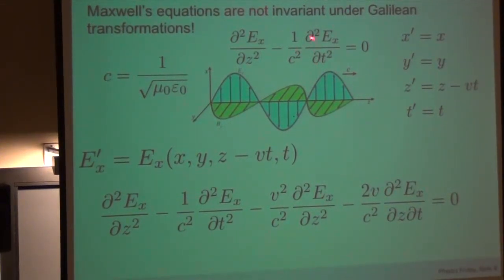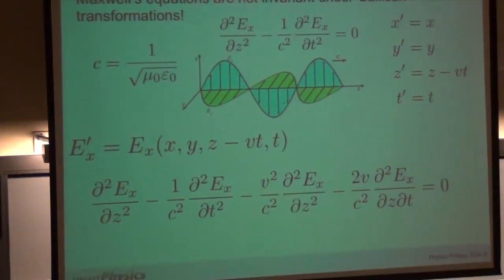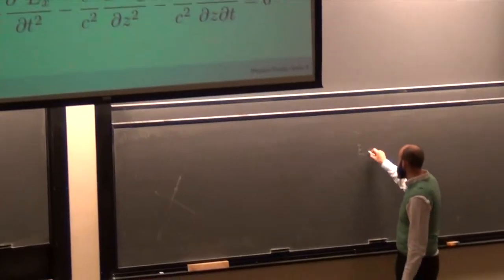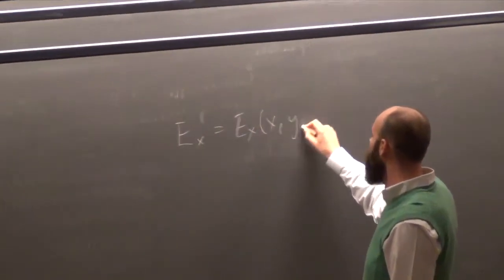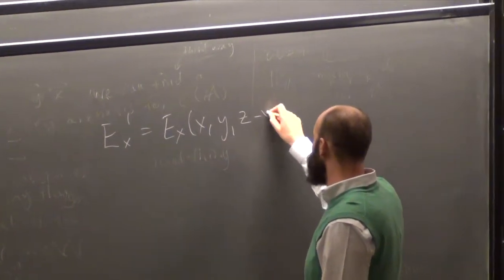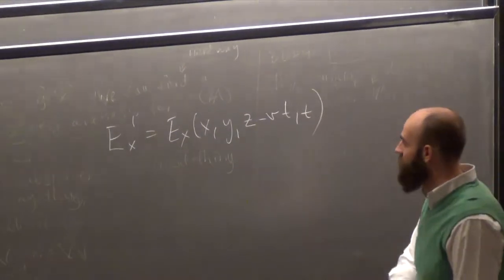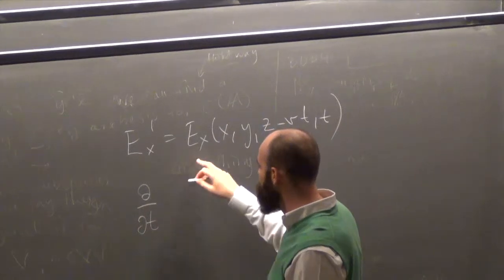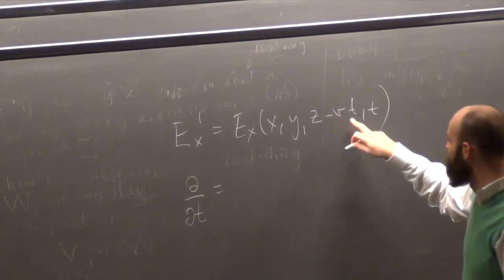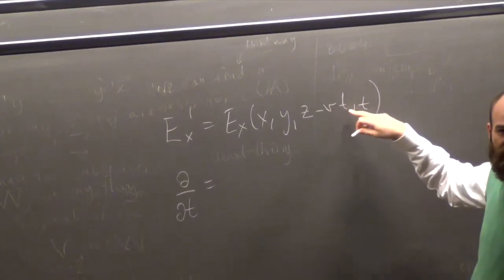If I do this partial derivative with respect to t, what am I going to have? Well, now t shows up here, right? So I have my Ex prime as a function of x, y, z minus vt, and t. If I want to look at the partial with respect to t, I need to realize that t shows up in two places explicitly.